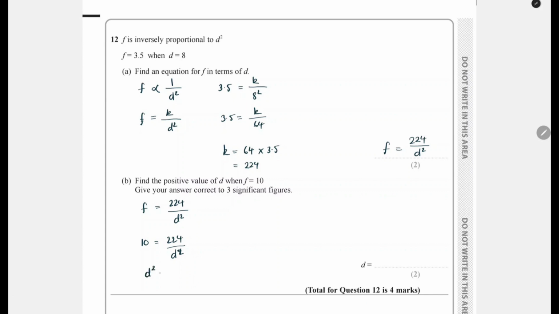That's d squared is equal to 224 over 10. d squared is equal to 22.4. If we square root both sides, we get d is equal to the square root of 22.4. And d is equal to plus or minus 4.73. Now the question has asked us to give the positive value, and therefore d is equal to 4.73.